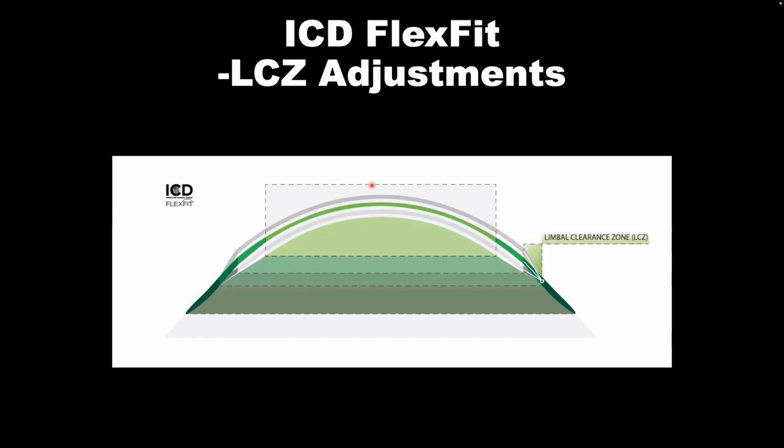So 25 microns wouldn't make that much of a difference, so I would just leave it as it is. I wouldn't even compensate with the peripheral zone and change those 25 microns that I'm gaining extra. That's okay with me. But what's okay with me could be not okay with you. So do as you feel, but just know that you have the ability to change as much as you like.